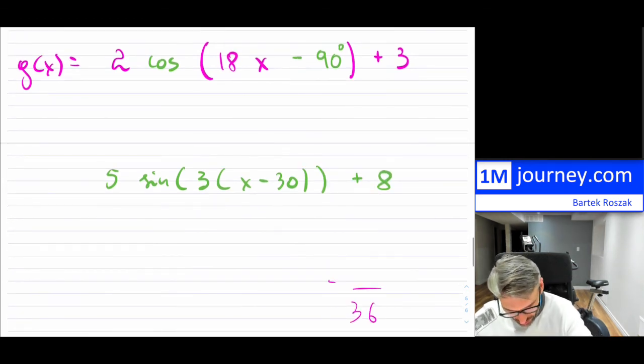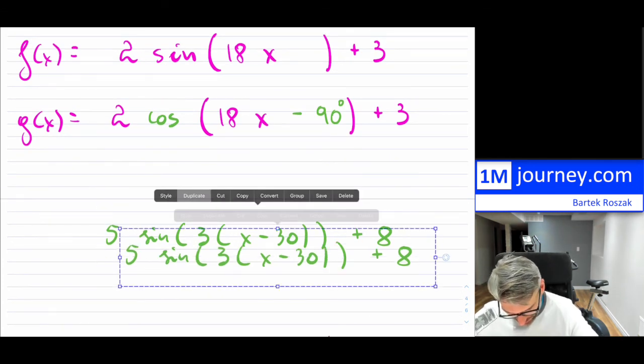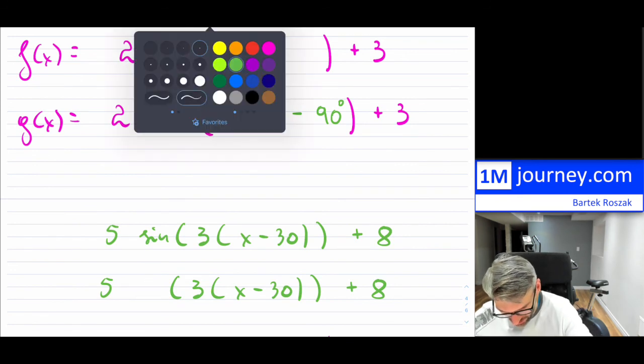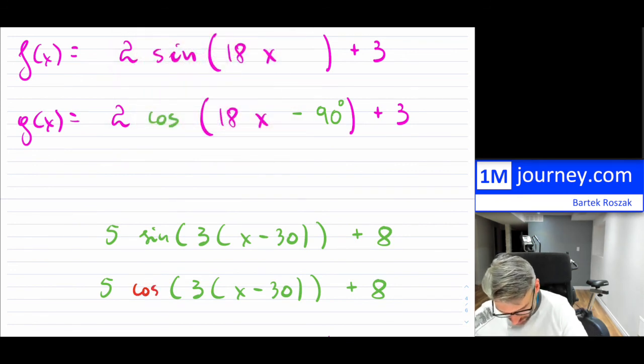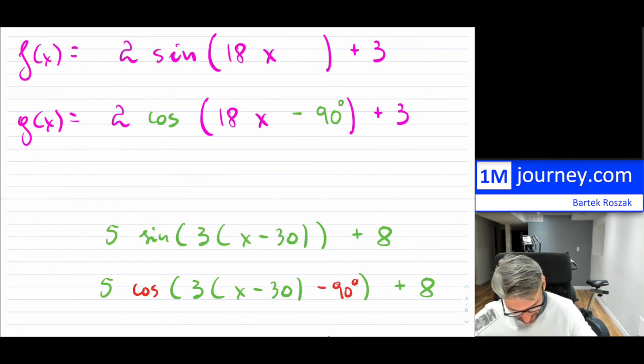All you would do is duplicate it, change this to cos, and shift this over, assuming this is in degrees, by that amount.